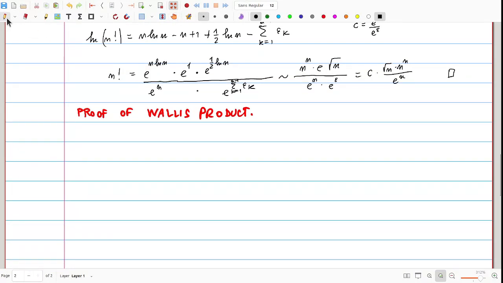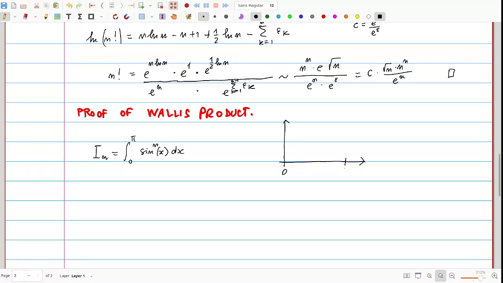Let's take this integral between 0 and pi of the sine of x to the power n. So let's draw a picture.